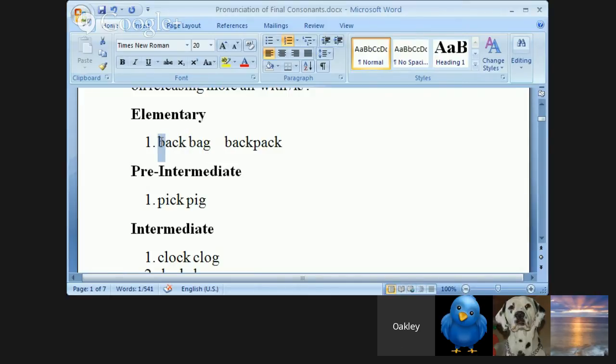Now, put them together. Back, bag. Close, very close. Back, bag. Concentrate on leaving your tongue at the top of your mouth with the K. One more time. Back, bag. Almost. You're really, really close. You really are. Back, bag.